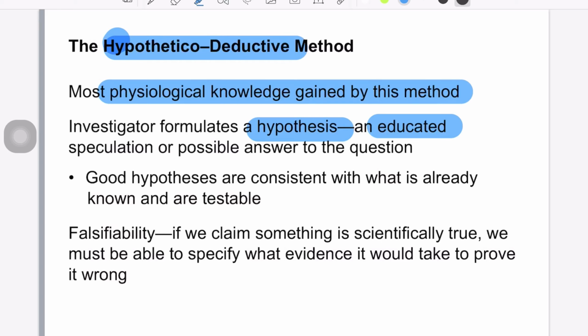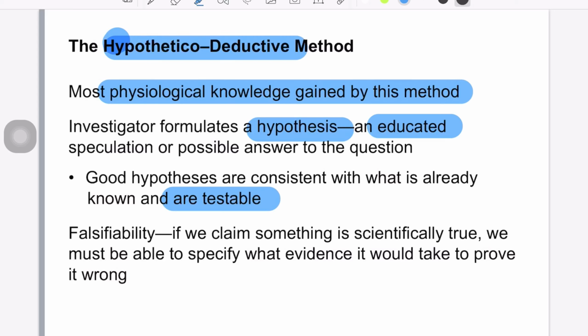Good hypotheses are often, but not always, consistent with what is already known, and they also have to be testable. If I ask a question, I have to have a way to answer that question, and that's key. So I formulate a question, I formulate a way of trying to answer that question, and that is the basis of it.